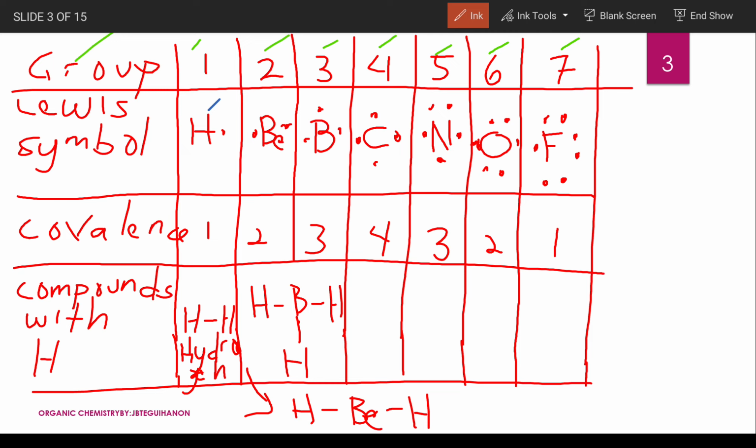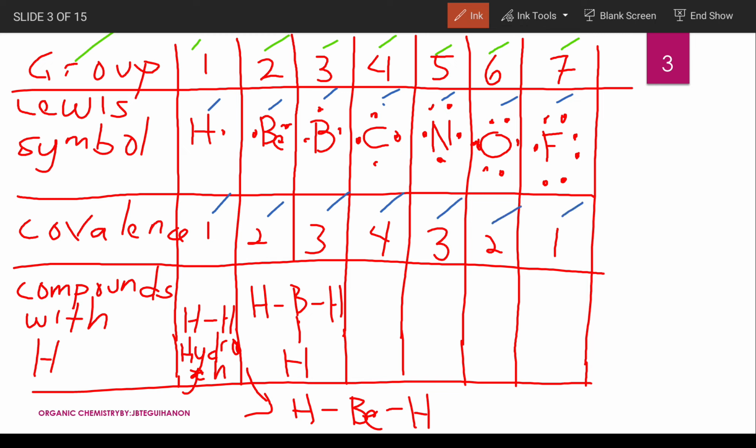Then we have the Lewis symbol for beryllium, the symbol for boron, of course carbon, nitrogen, and then oxygen and fluorine. And then we have the covalence numbers.